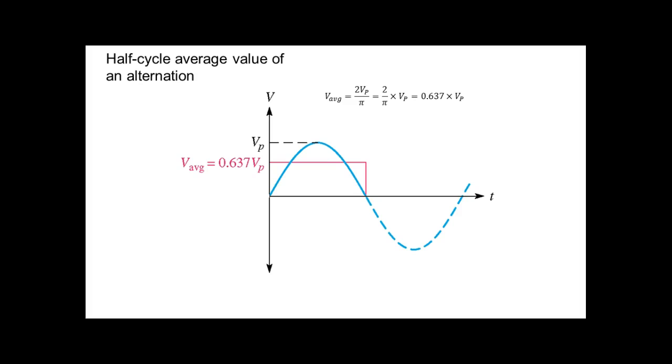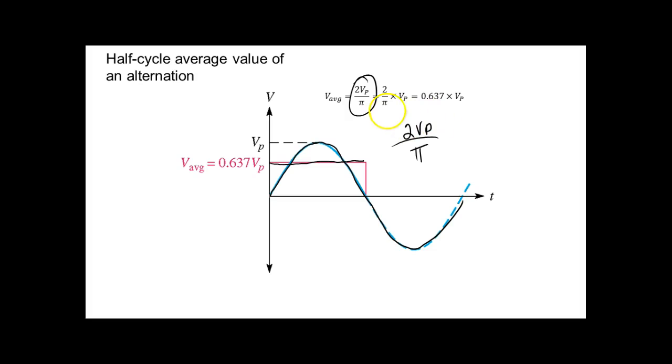So this is the average value. When I deal with this out here, we're dealing with the circumference of the circle. Everybody understand that? So this average right here is equal to this formula right here. It's equal to 2 V peak divided by pi.